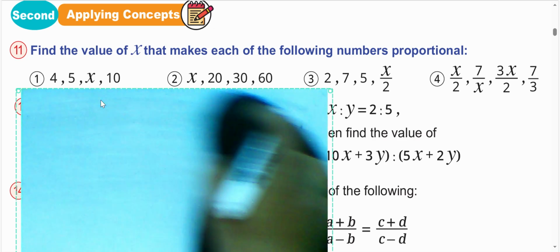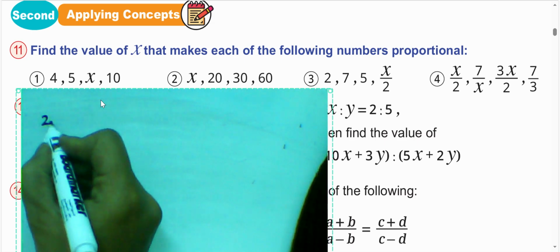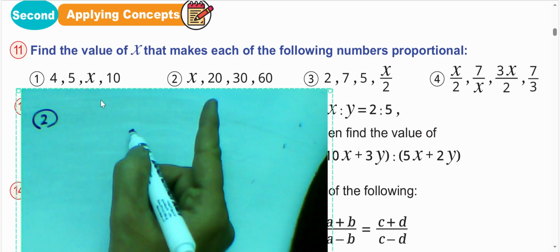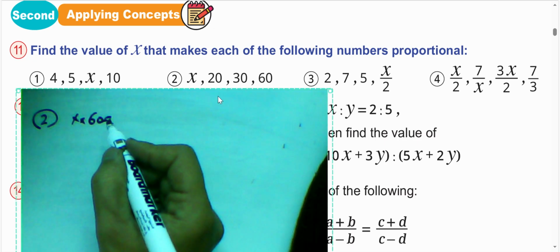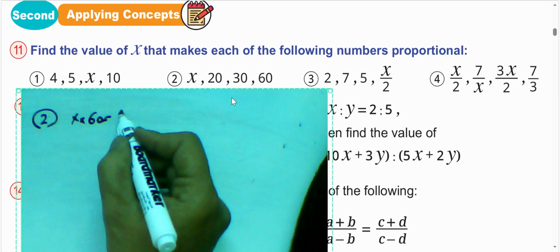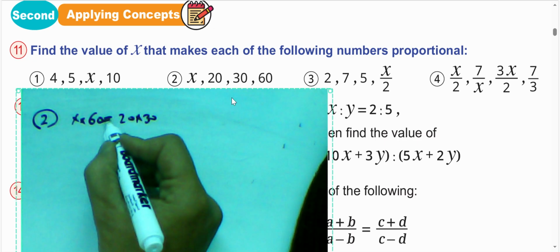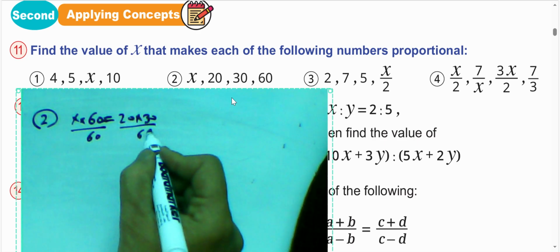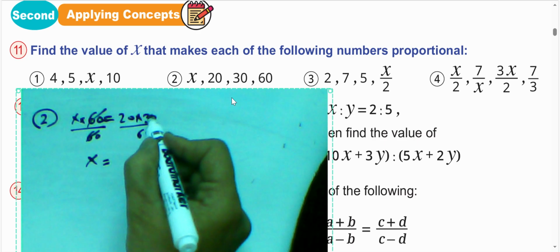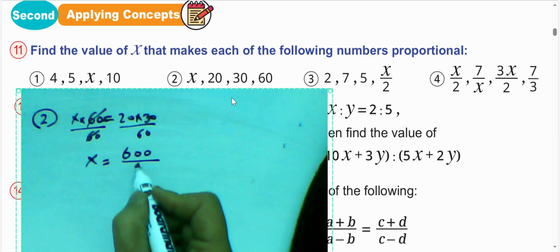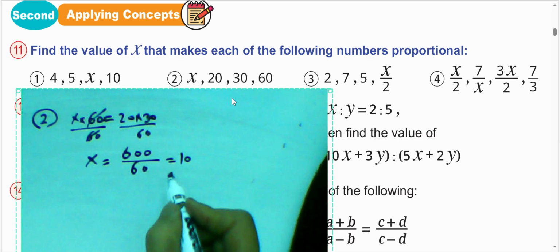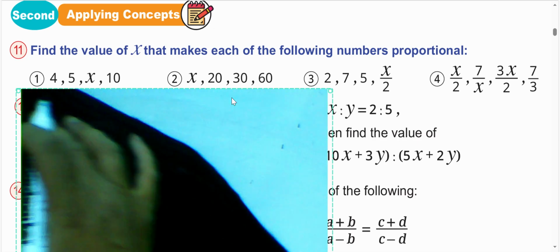The value of x equals 8. Next question, number 2. We have x times 60 equals 20 times 30. We can simplify by dividing by 60 here. We cancel here, and the result will be 10. The value of x here equals 10.